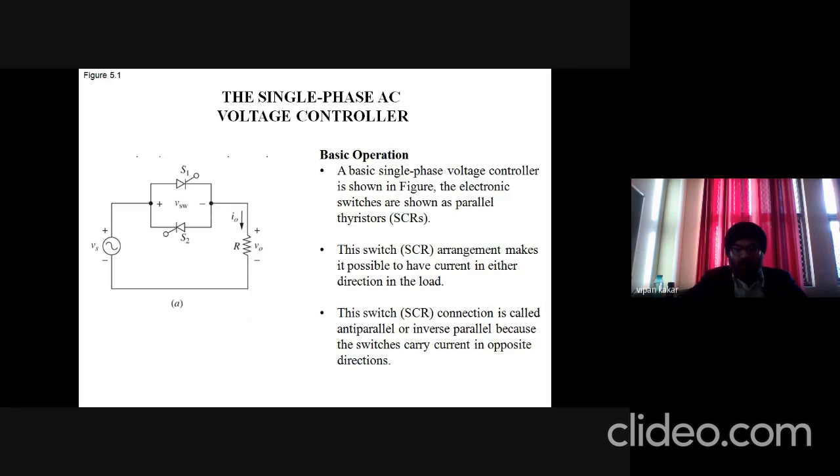So this will be the voltage across these two switches. And the load current IO is flowing through this load, where we have a voltage denoted by VO, which is the load or output voltage.